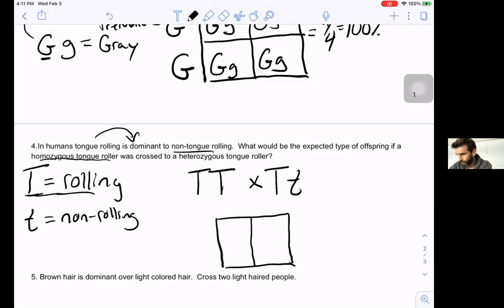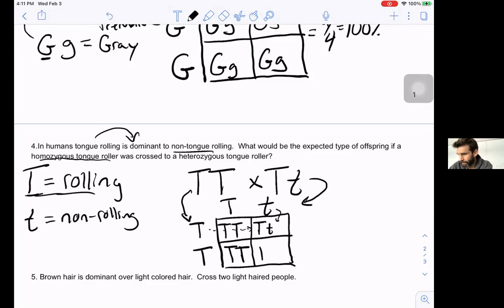And again, these ones go here. These go down here, big T, big T, big T, little t. And then we match them in, big T, big T, big T, big T. This one here, that goes there, big T, little t, big T, little t.